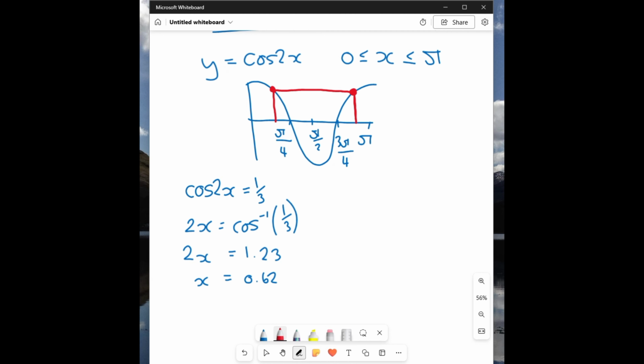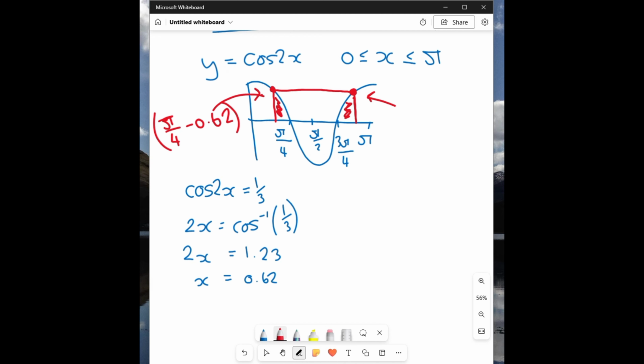So what I would do there is I'm going to say that this gap, the value of that is pi over 4 minus my 0.62. That's that gap there. So basically what I'm going to do is add that on to 3 pi over 4, because I'm using the symmetry of the graph and saying I need to add that onto this side.